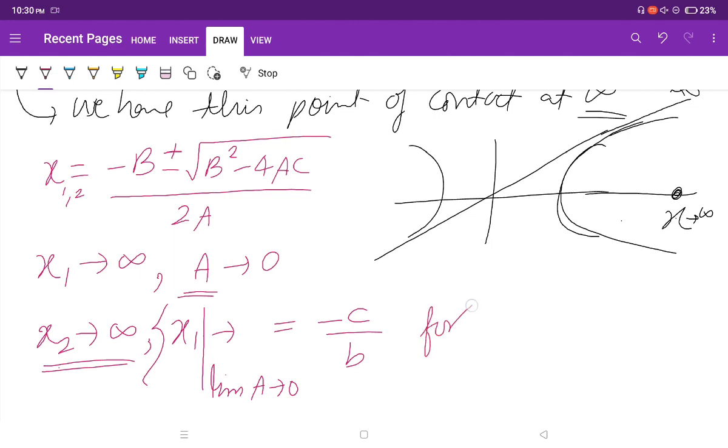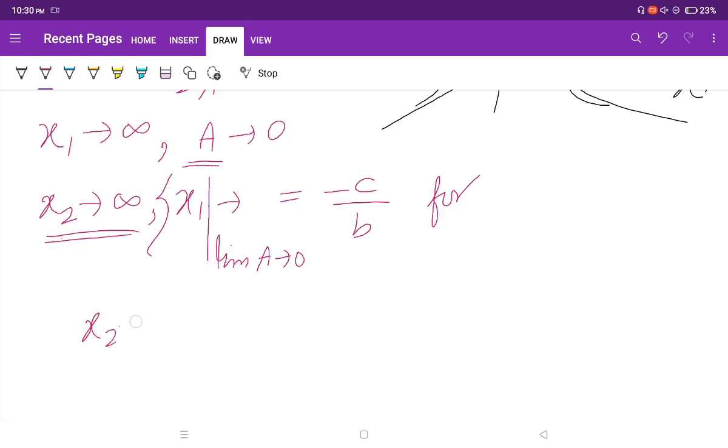So for x2 approaching infinity, you will have x1 as minus c over b, which implies b should tend to 0.